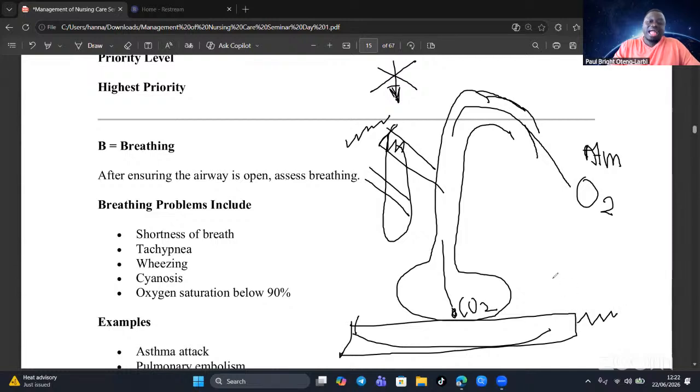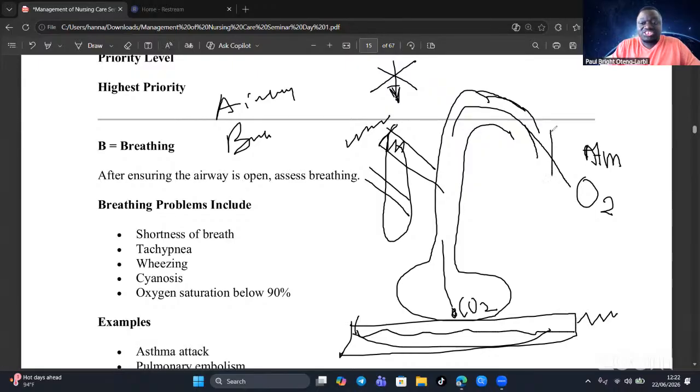Okay, is airway a priority over breathing? Yes. Let's assume that the diaphragm is hijacked and I cannot breathe. I can still put a machine on the mouth or the nose of this patient and push oxygen to the cells and bring out carbon dioxide.